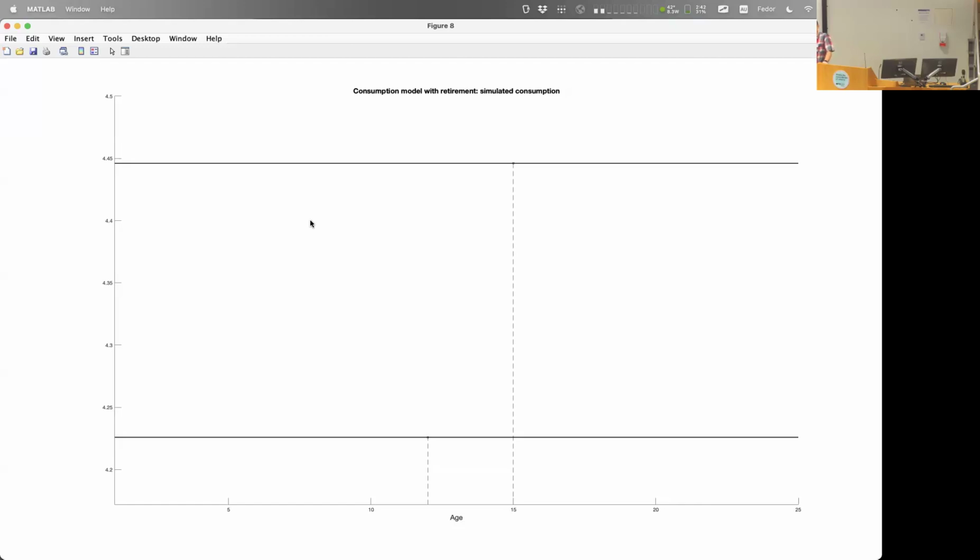So in some sense, this model is kind of hyper-rational. The optimal rule is really complicated, and our agents here are able to compute this perfectly, such that even in that really complicated environment, they can enjoy their consumption being completely flat.